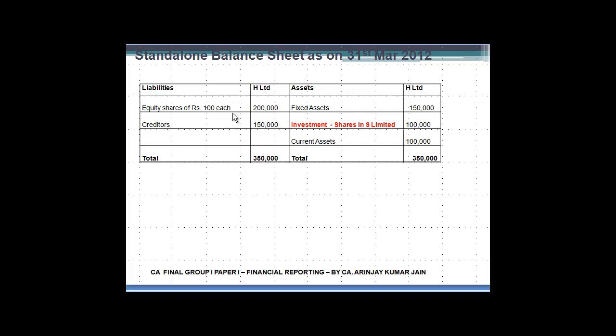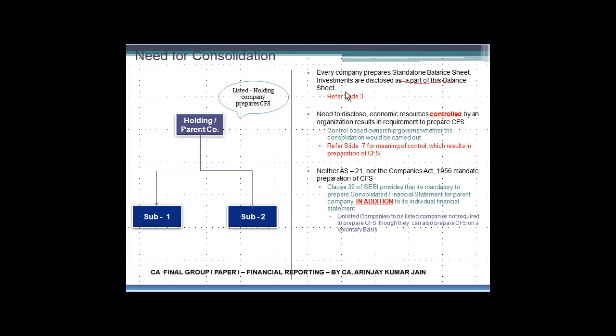So a standalone balance sheet is something which we've been preparing right from the day we started preparing balance sheets, whether as a part of your class 11th exercise, class 12th exercise, or CA entrance. But when we talk about those investments, which I just showed you in the balance sheet, there is a requirement that the company, the stakeholders or the shareholders want to understand what are the economic resources controlled by the group as a whole.